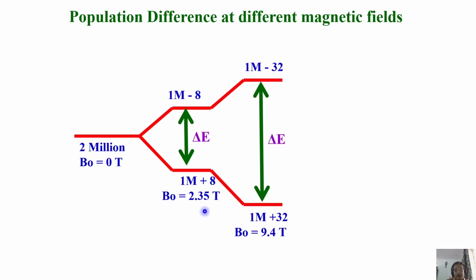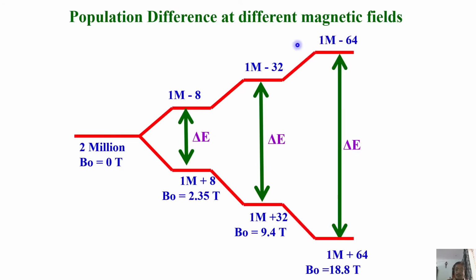Now I increase the magnetic field from 2.35 to 9.4. I made it 4 times. The population difference became 4 times more. The difference was 16 here, it became 64. Further increase, double it again. From here to here, it is 8 times.